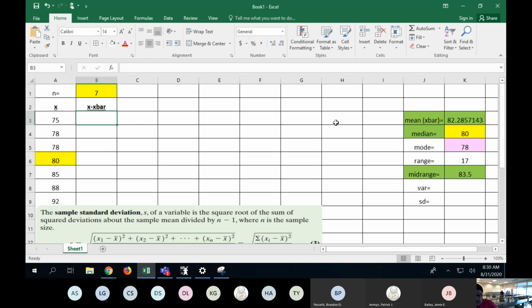So equals 75 minus that number. I want everybody to make a column beside your X's and take your calculator and do 75 minus X bar, 78 minus X bar, 80 minus X bar, 85 minus X bar, 88 minus X bar, and 92 minus X bar. Go ahead and do that in your notes right now.